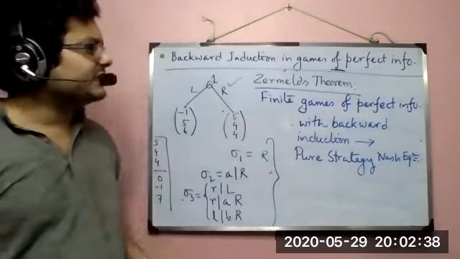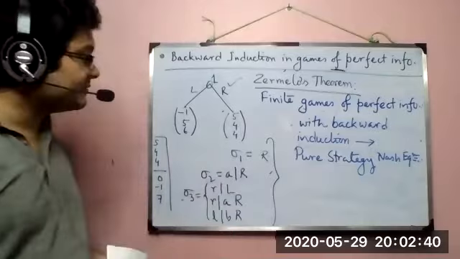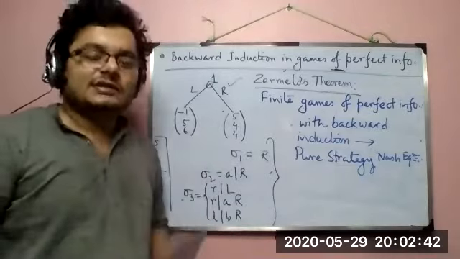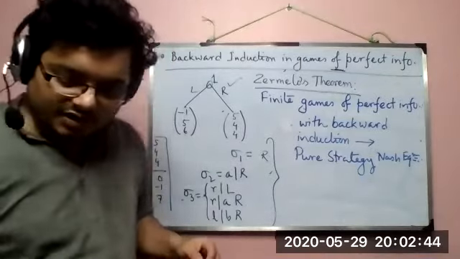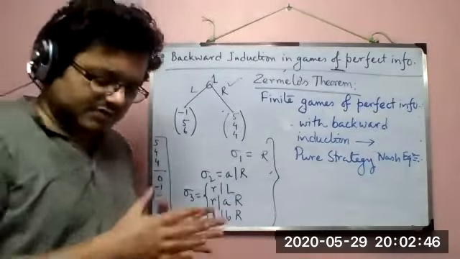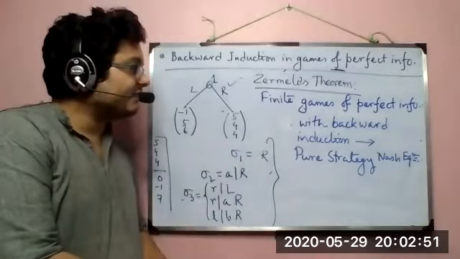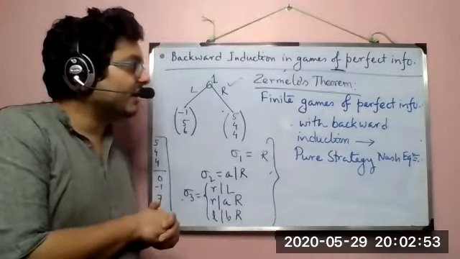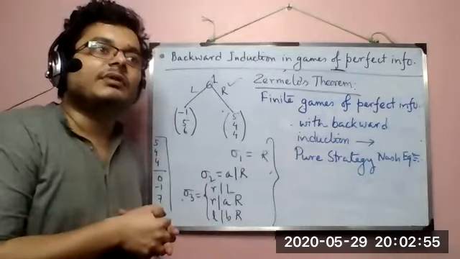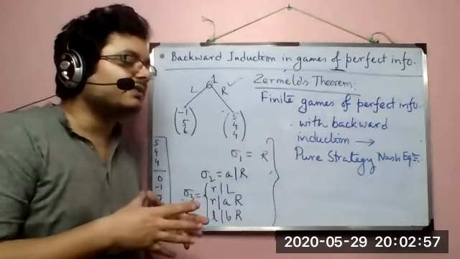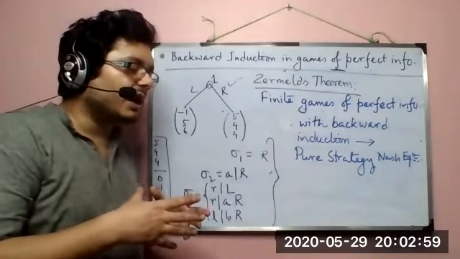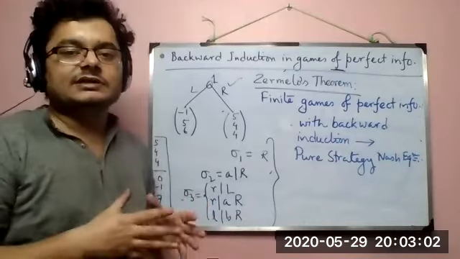Now the proof of this theorem is very hard. Anyways, but the essence is this. You see, by solving these 2 games, we have this idea that if we are dealing with finite games of perfect information, that is every information set is a singleton, and if we are applying backward induction, what are we essentially doing?